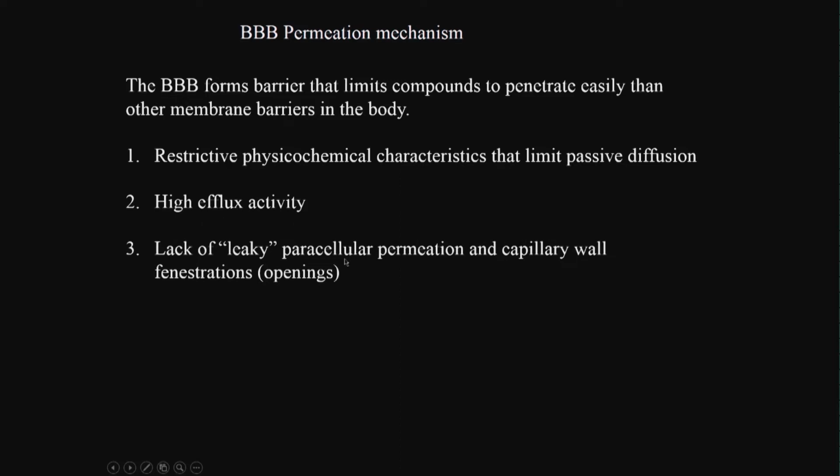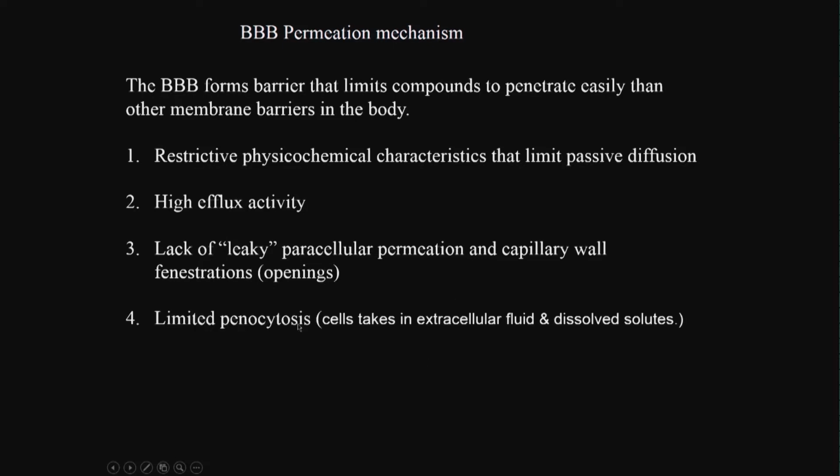Lack of leaky paracellular permeation and capillary wall fenestration openings. That means whereas in other membranes you may find a lot of capillary wall fenestrations, here you will not find any, especially in the BBB region. So it prevents this leaky permeation.